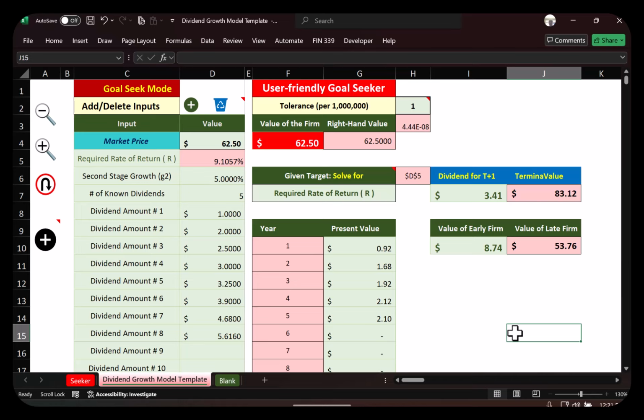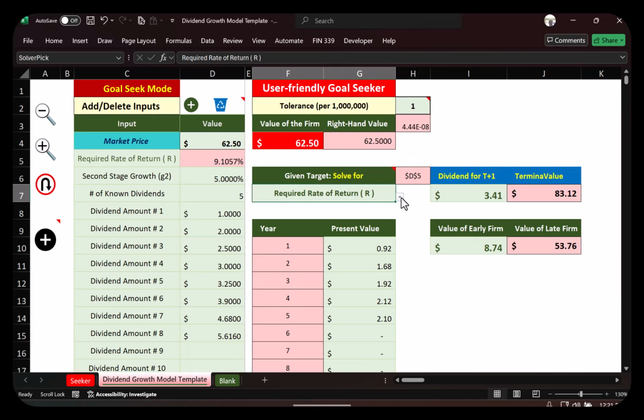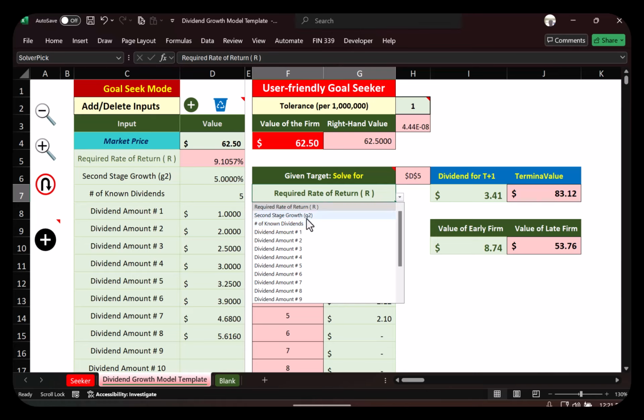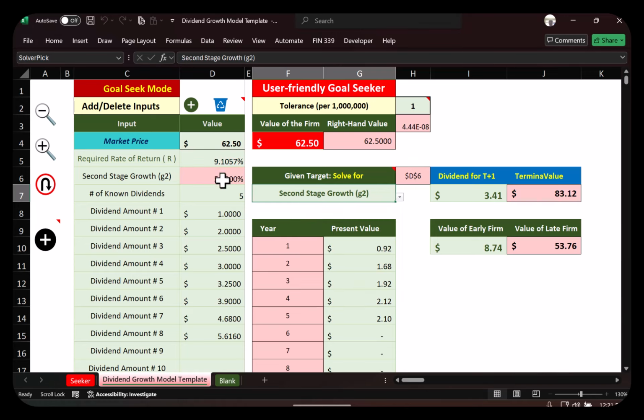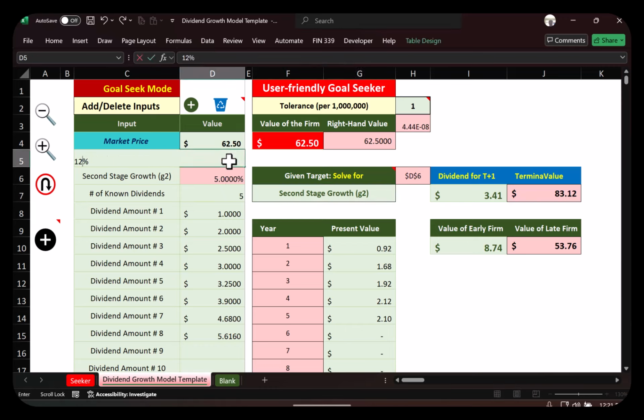Or I could have asked a simple thing like, I'm giving you the discount rate. What second stage growth rate would have given you this? Suppose I'm doing that. I mean, right now it's going to tell you 5 because it's consistent with that. Suppose I go back to my 12%.